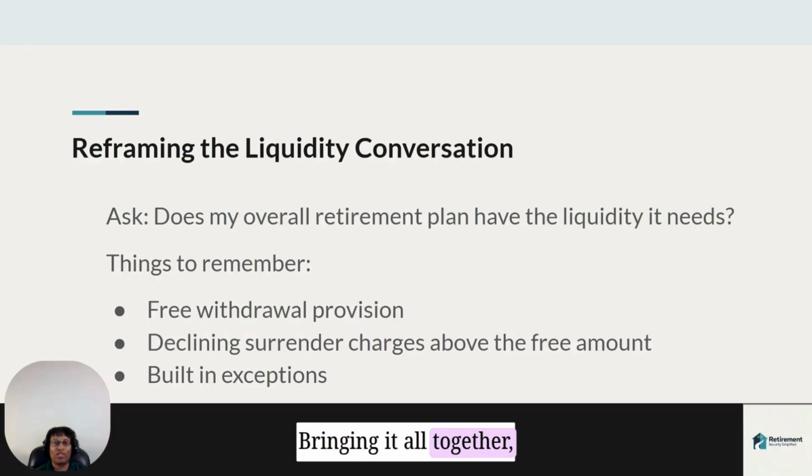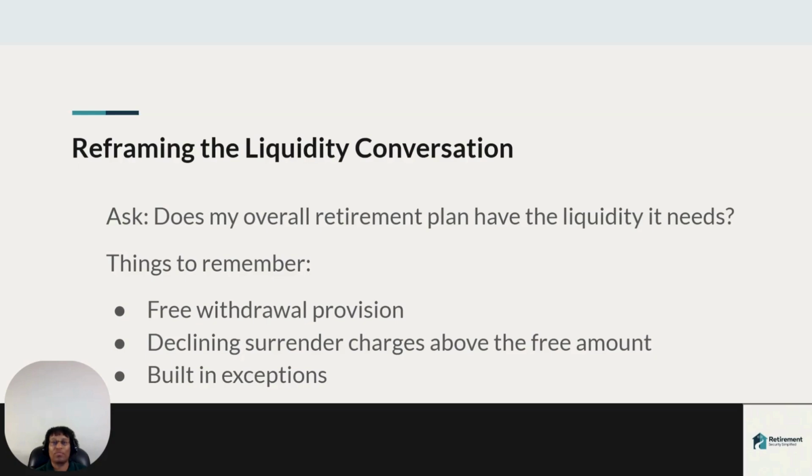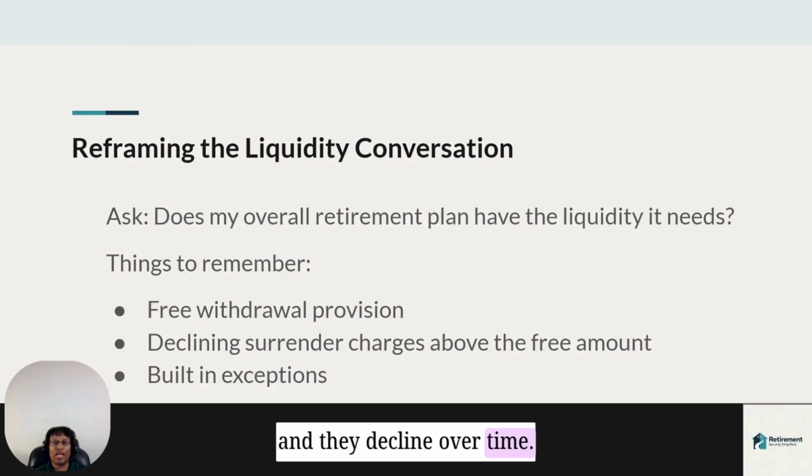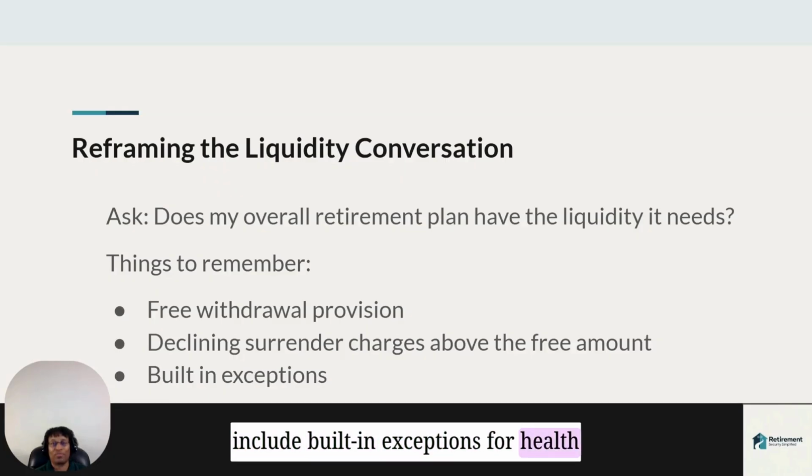Bringing it all together, these are the things to remember. Your free withdrawal provision gives you penalty-free access to a portion of your money every year, typically enough to cover RMDs on qualified funds. Surrender charges apply only above that free amount, and they decline over time.